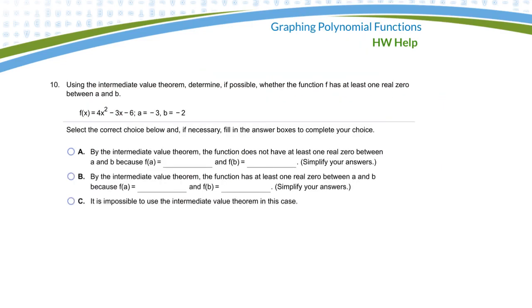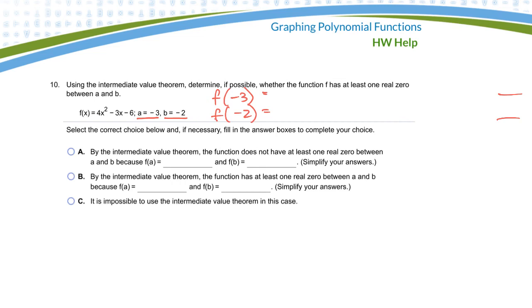Okay, last question. Using the intermediate value theorem, determine whether there's a 0 between minus 3 and minus 2. What I need to do is figure out what f of minus 3 and f of minus 2 are. If the signs I get out in the end are different, then there is at least one 0 in between them.